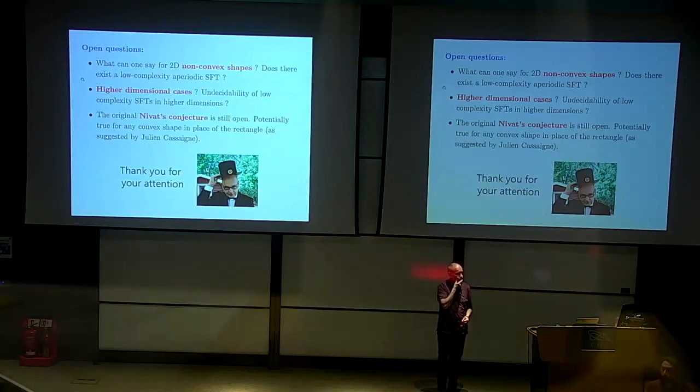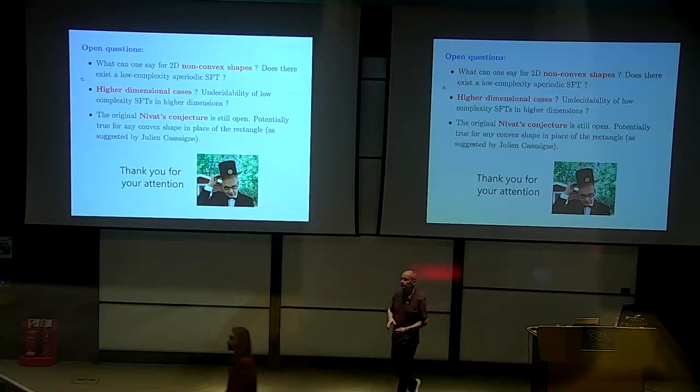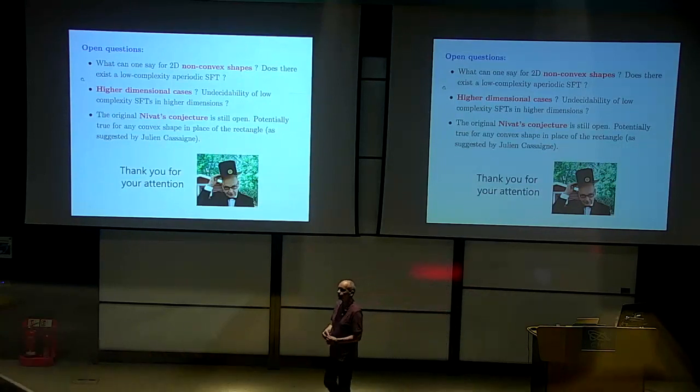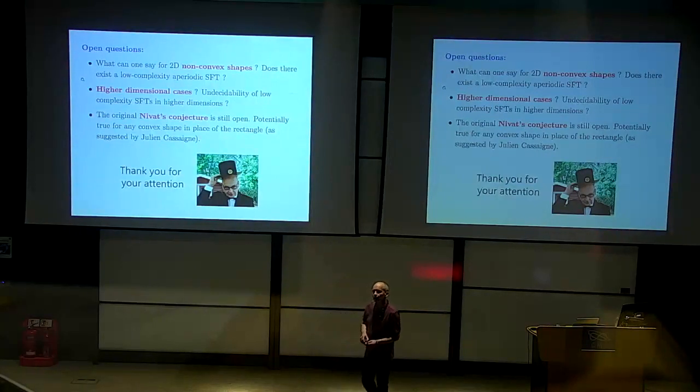Any more questions? Are there similar results for tilings which are laid out on square grids, and for other shapes, are there similar results? So not in the square grid, but in some other underlying group.